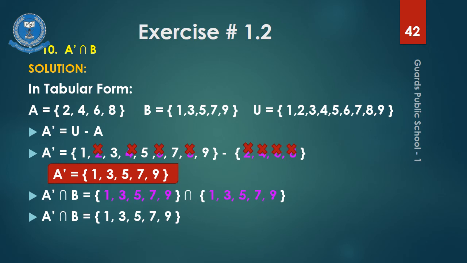If you pay attention in tabular form, this 1, 3, 5, 7, 9 is equal to set B. Finally, we can write A complement intersection B is also equal to set B, and this is the required answer.